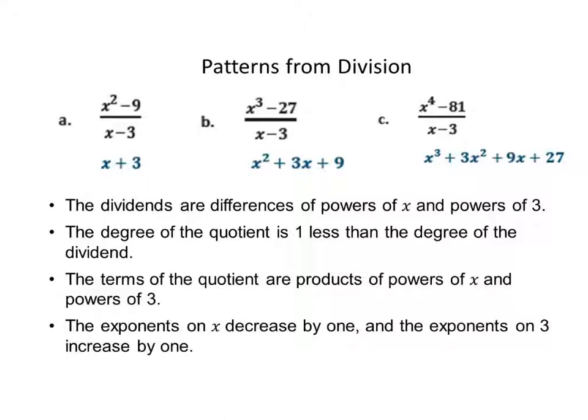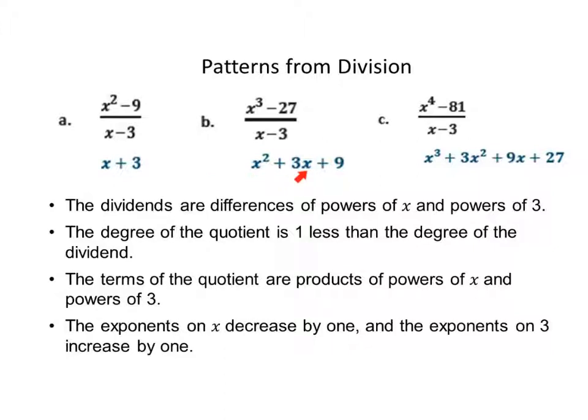Now let's look at the exponents for x and the exponents on 3. All right. So you can see over here that the first one, the exponent of x here is x to the power of 1, and this is plus 3 to the power of 1. Okay. Here is x to the power of 2.